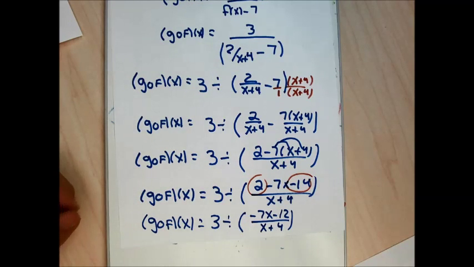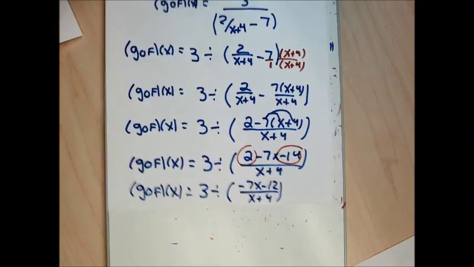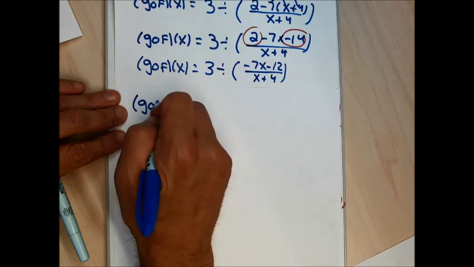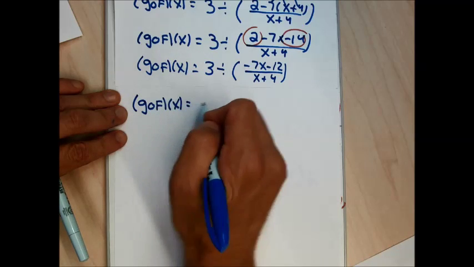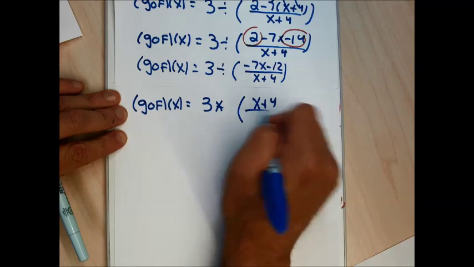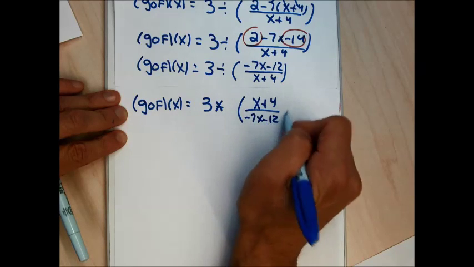Almost done with part C. I need to make this division into a multiplication by flipping the fraction after the division sign. So I'm going to get 3 times x plus 4 over negative 7x minus 12.